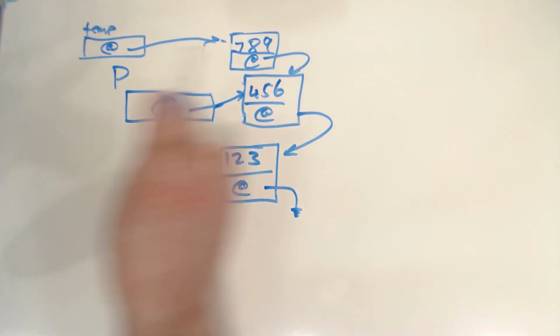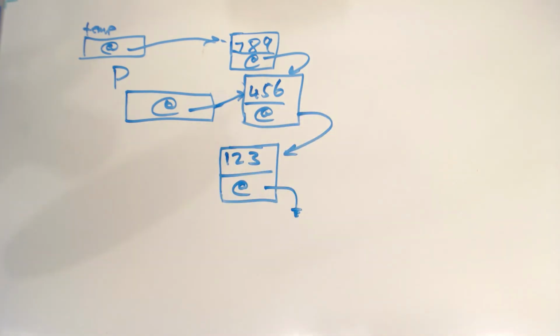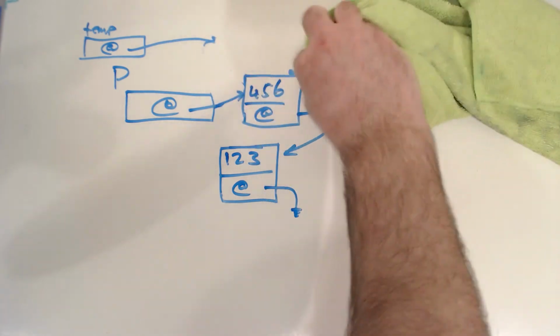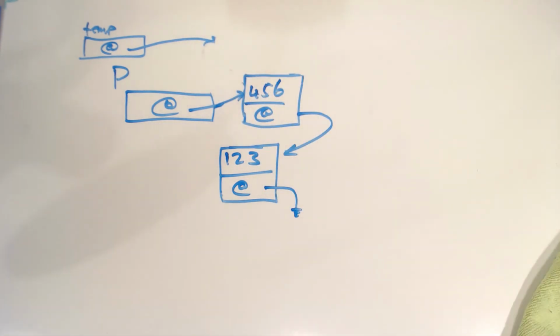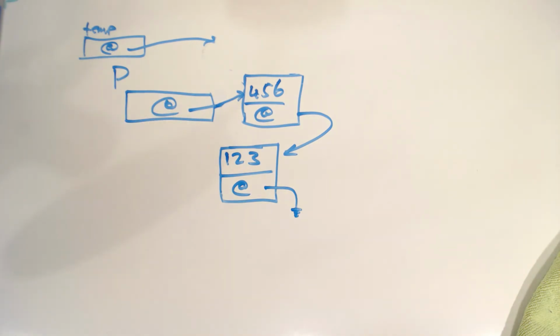So now we have temp pointing to 7, 8, 9, and we have our P pointing to 4, 5, 6. At this point, I can delete the 7, 8, 9. We don't need it anymore. We're popping it off of our stack. And we're back to this. Now, this temporary variable is a dangling pointer to nothing, but that's okay as long as we don't use it to access the deleted node.